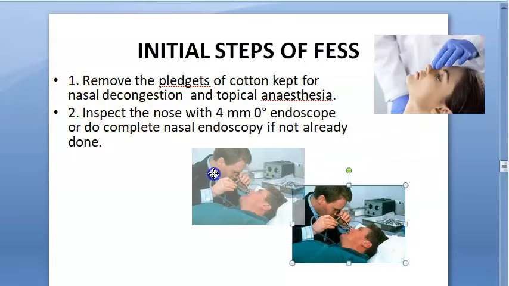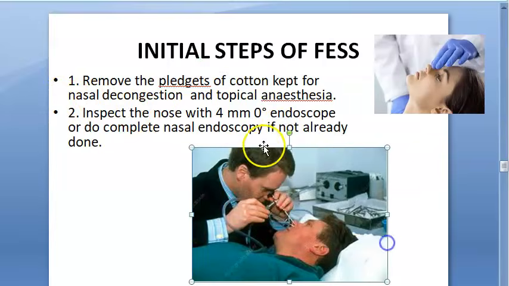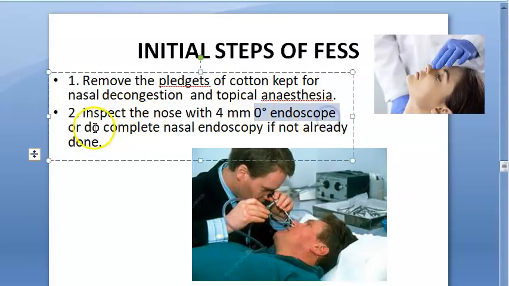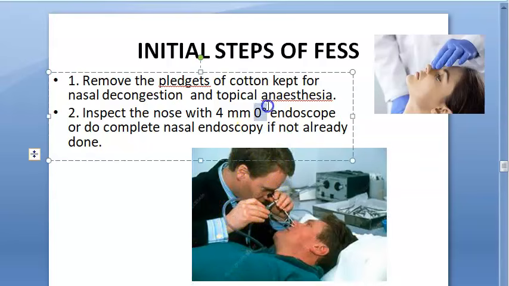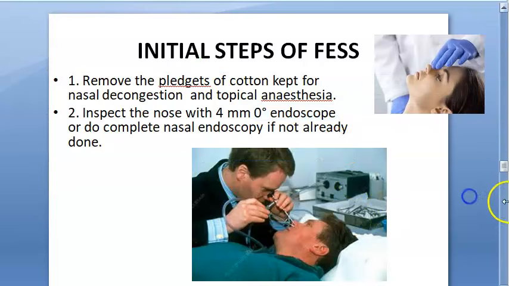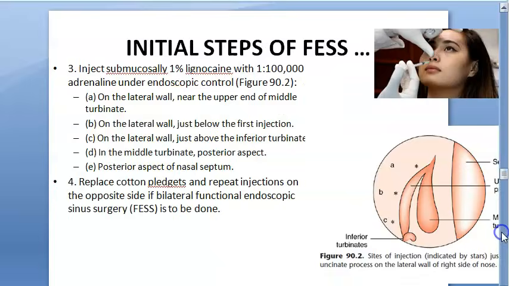Then you inspect the nose with a 4 millimeter 0 degree endoscope, or do a complete nasal endoscopy if not already done. So you are just removing the cotton and checking the nose.